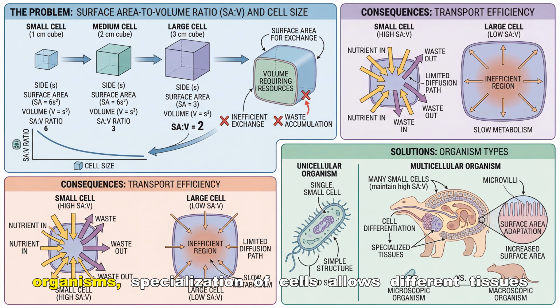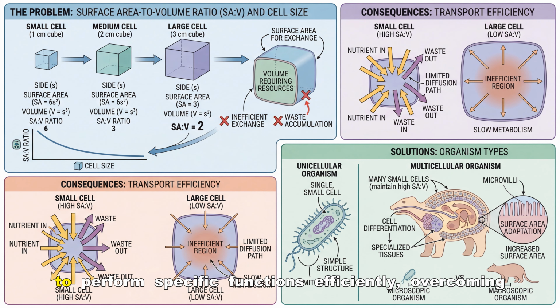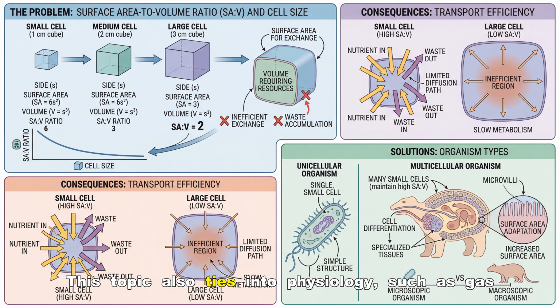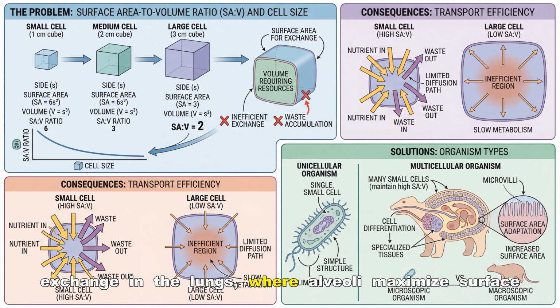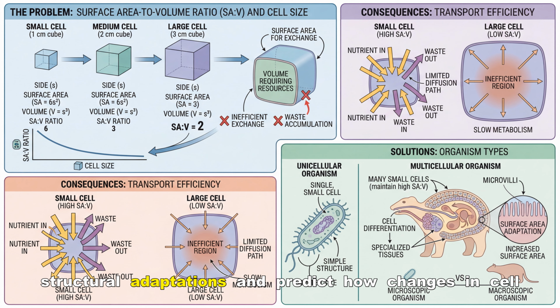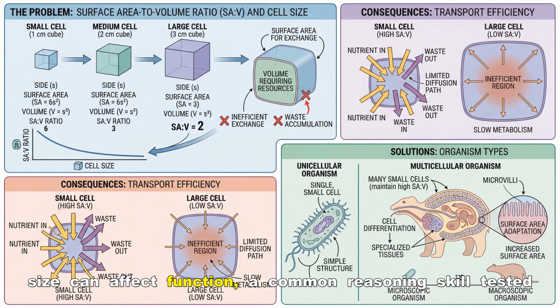In multicellular organisms, specialization of cells allows different tissues to perform specific functions efficiently, overcoming the limitations imposed by surface area to volume constraints. This topic also ties into physiology, such as gas exchange in the lungs, where alveoli maximize surface area. Understanding this concept helps you explain structural adaptations and predict how changes in cell size can affect function, a common reasoning skill tested on the MCAT.